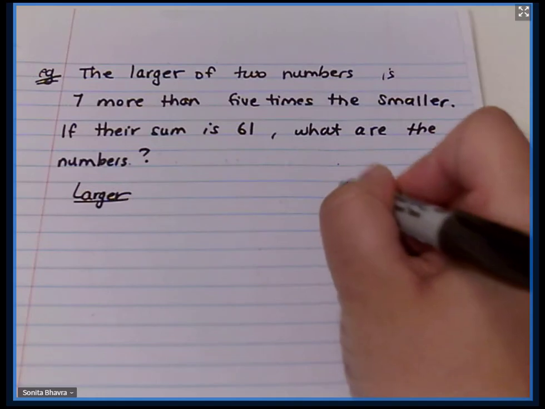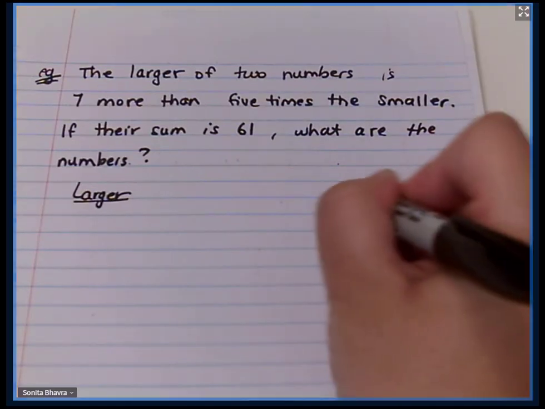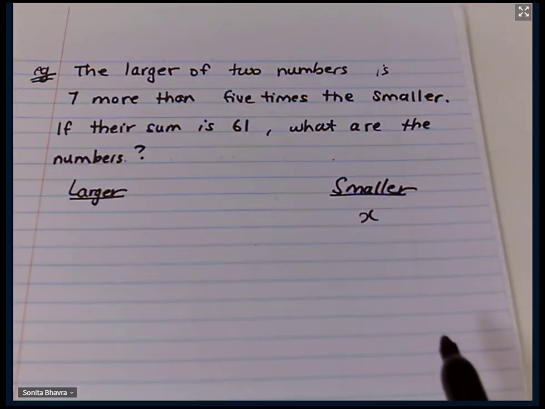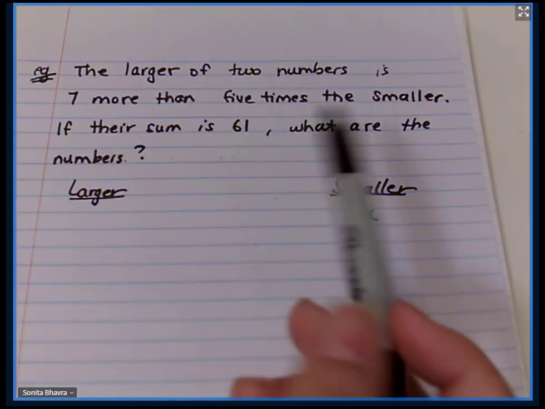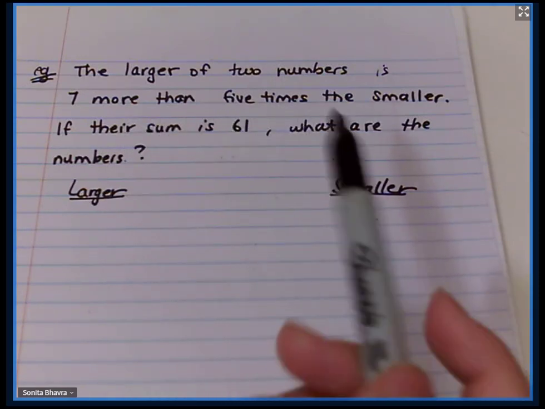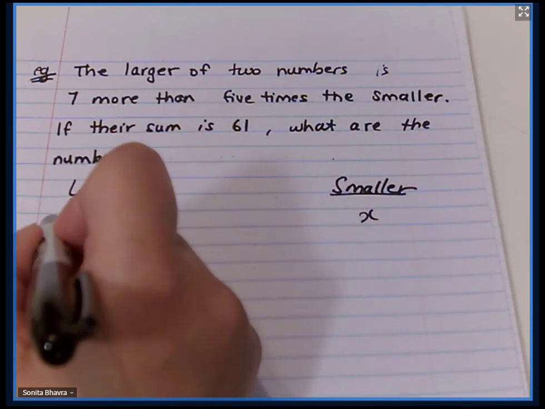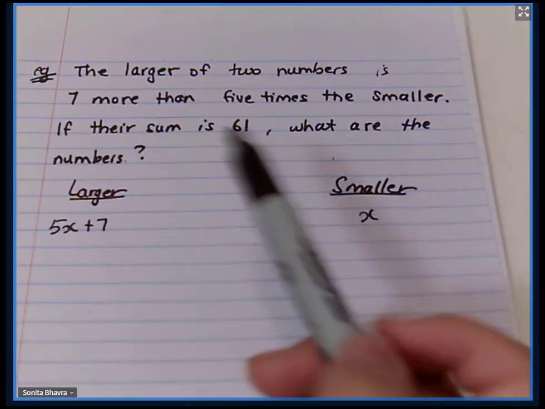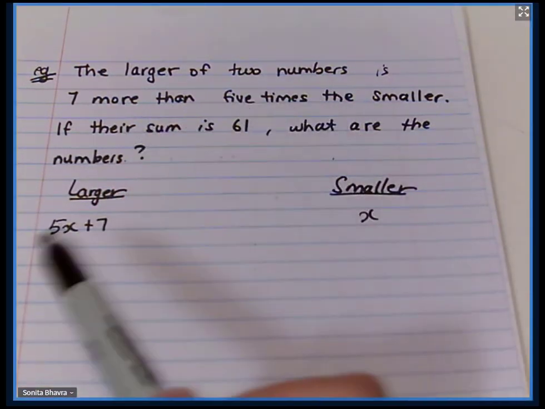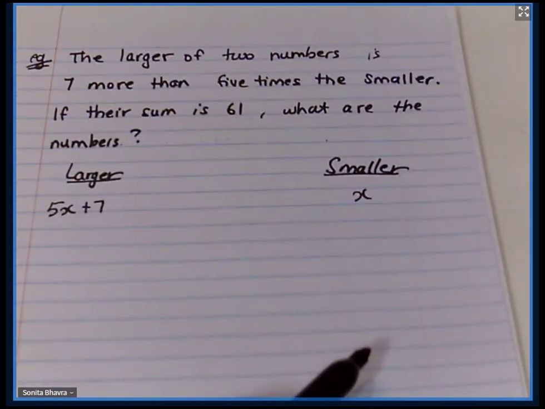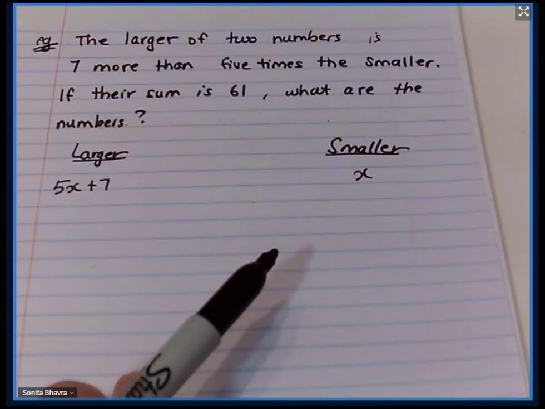We'll call the smaller X. Our larger number is 7 more than 5 times the smaller, so 5 times X, and then 7 more, so 5X plus 7. That's our larger number. Our smaller number is just X.